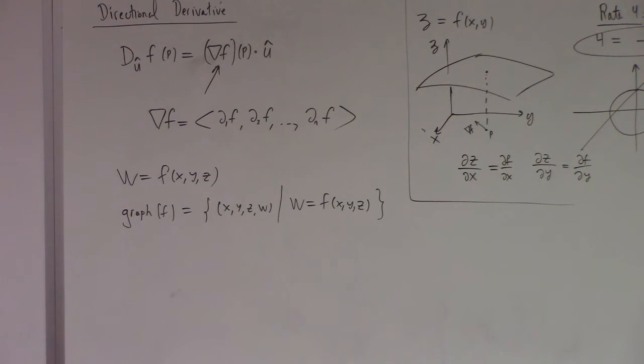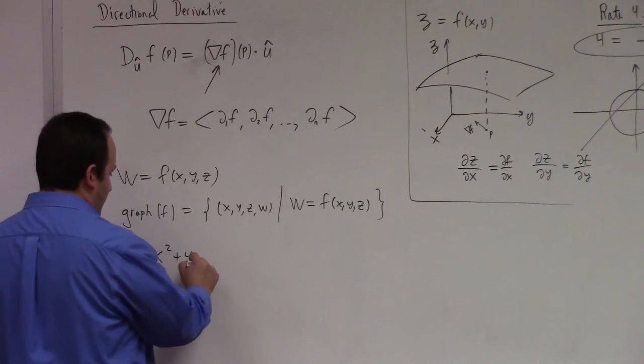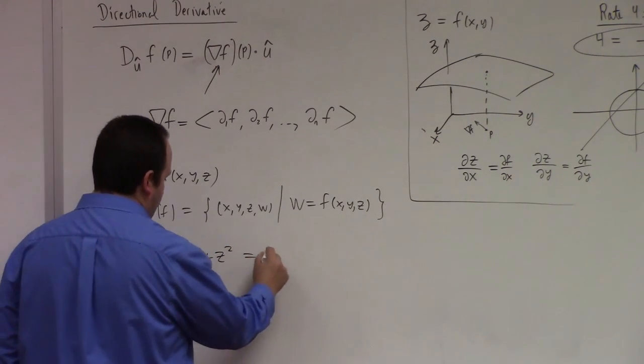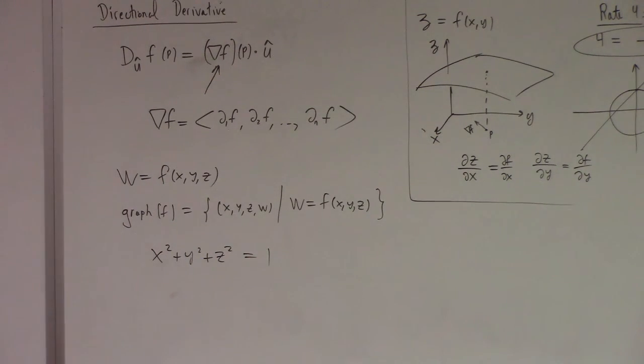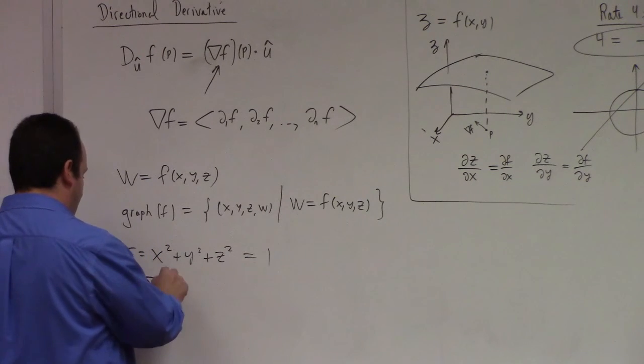But we can still calculate directional derivatives. And we can also understand functions of 3 variables in other ways. Like, you've already been looking at them. On your test, I already asked you about it, right? How about this? X squared plus y squared plus z squared equals 1. What's that? That is a sphere of radius 1. And you know what happens when you take the gradient of this? Call this thing f.